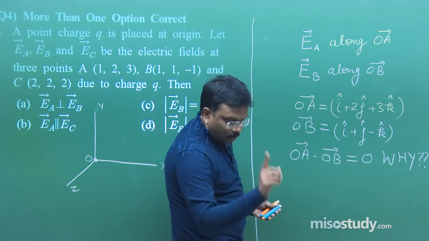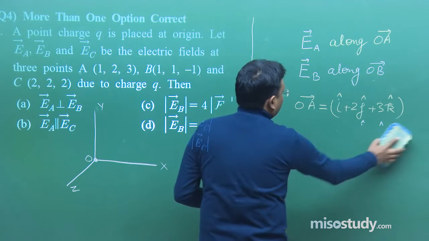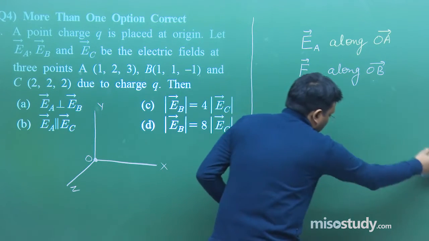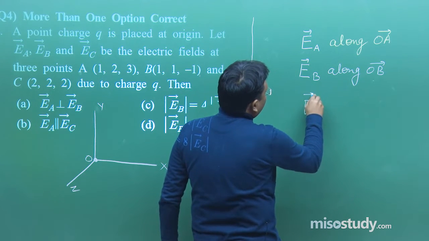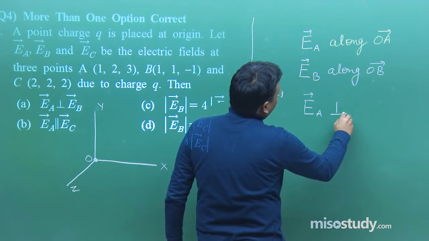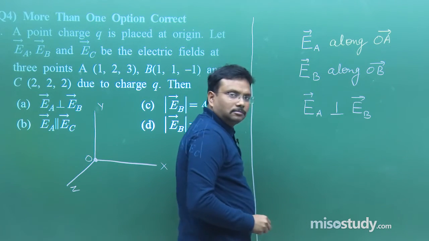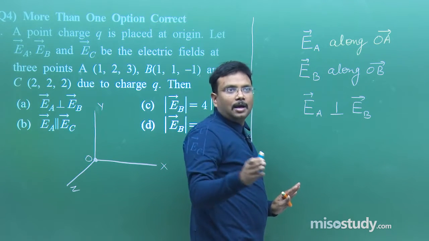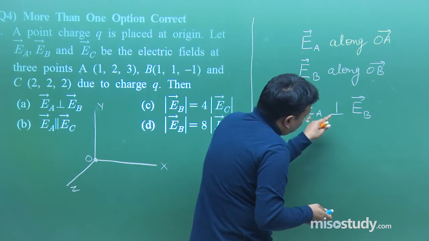Now, if it is 0, then please give me one opportunity to write it this way. That is EA, EB. It means proven, that EA and EB are perpendicular to each other, and we proved it the other way round.